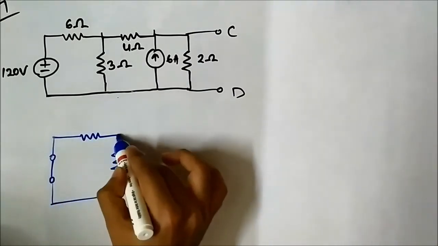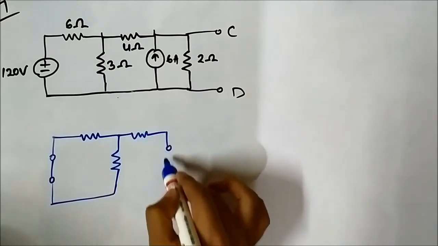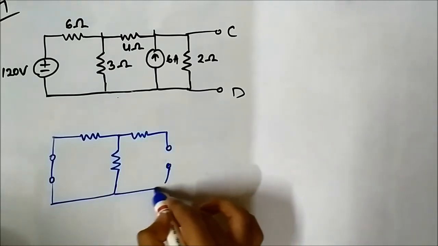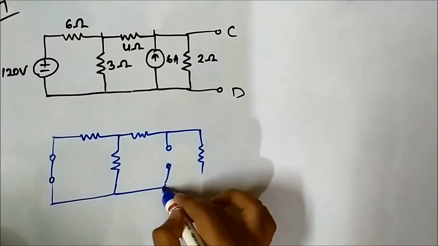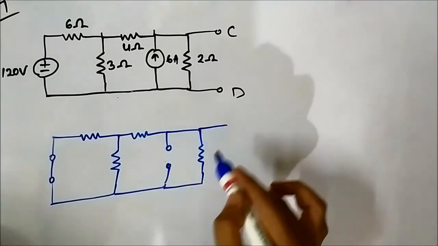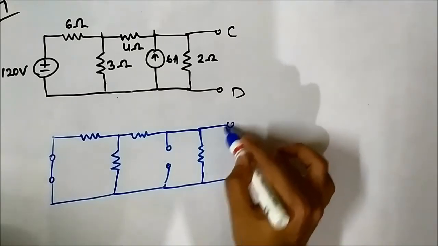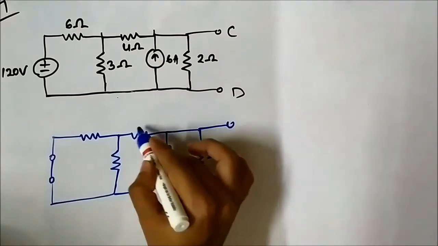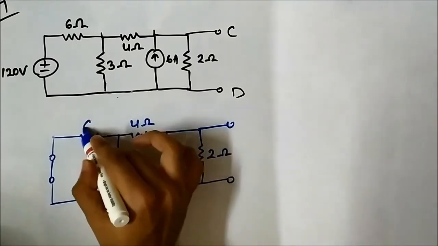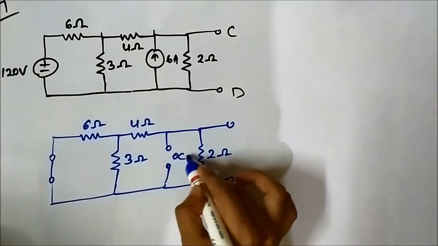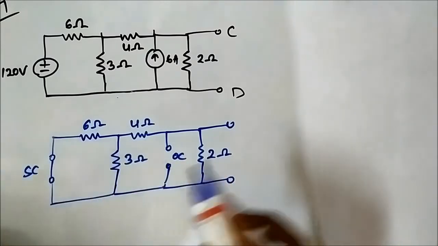This is open circuited, and this is 2 ohm, 4 ohm, 3 ohm, 6 ohm. Open circuited, this voltage source short circuited.